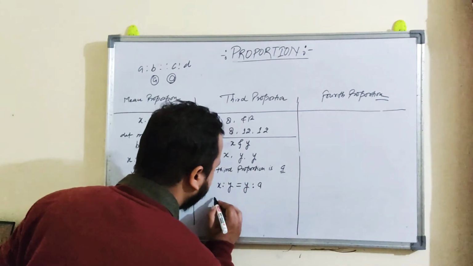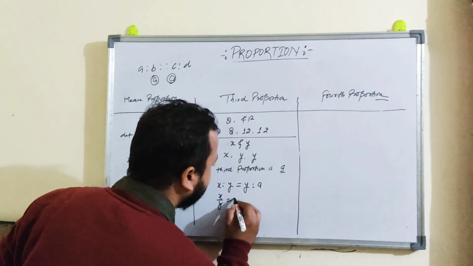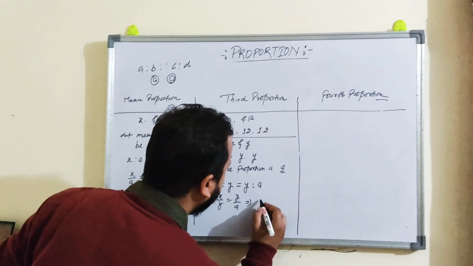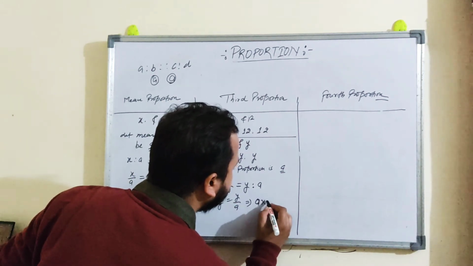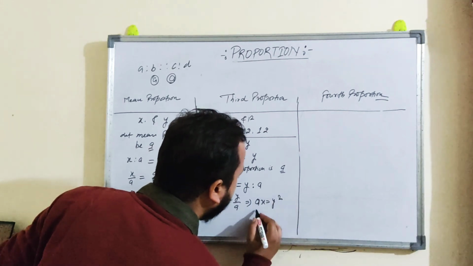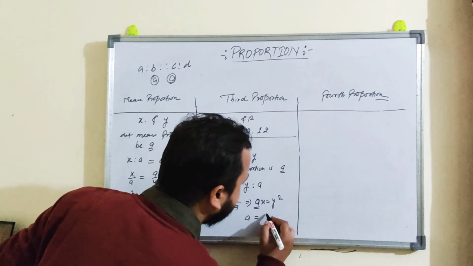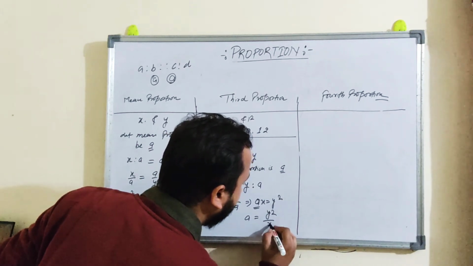So x by y is equal to y by A. If you do the cross multiplication, you will get ax is equal to y square, and here A is the third proportion, so A is equal to y square by x.